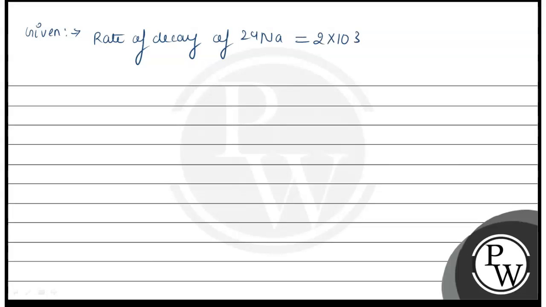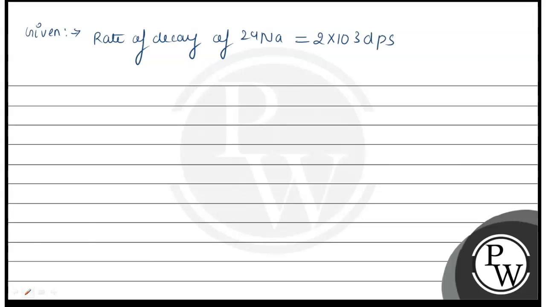So what we have given is the rate of decay of 24Na equal to 2 × 10^3 dps.